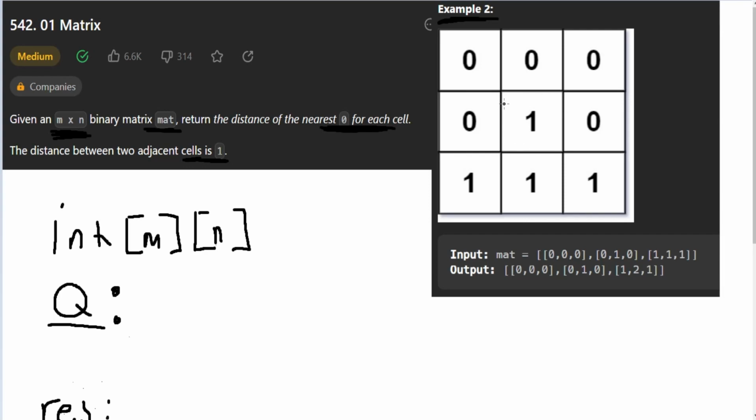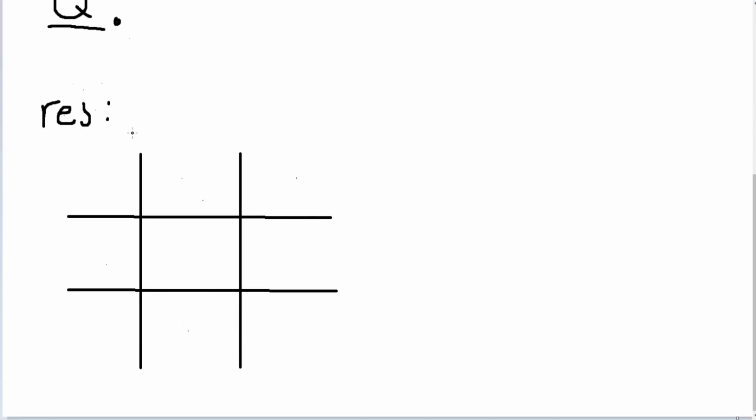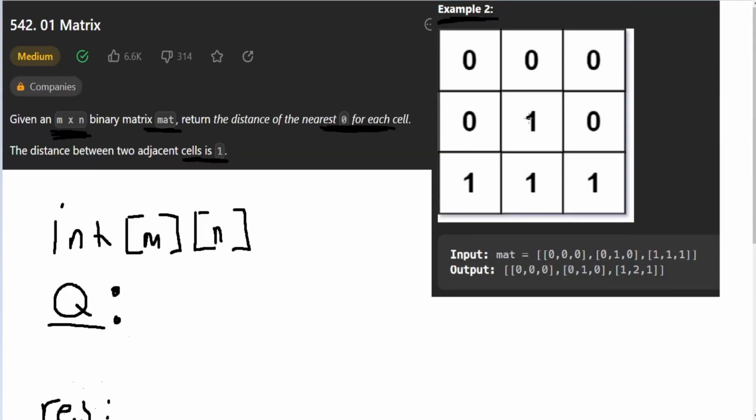So once we initialize this, we want to create a nested for loop. What this nested for loop does is it starts here, goes this way, and continues all the way down through the whole matrix that is given. As it travels through the matrix, if it's a 0, all we want to do is add the position of the 0 to the queue.